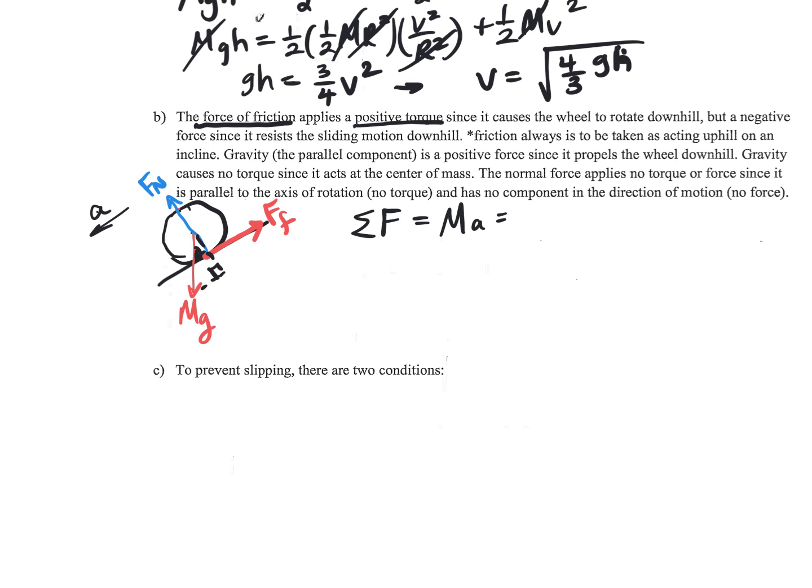Up there in that corner, we've got theta. So we know this is mg sine theta, correct? So we know MA is mg sine theta minus the force of friction. So MA is equal to mg sine theta minus what?